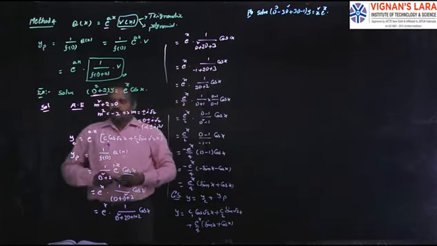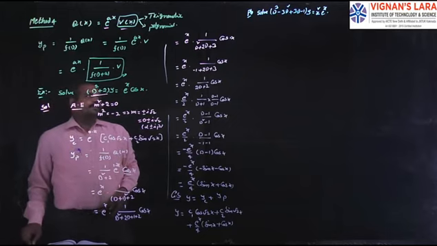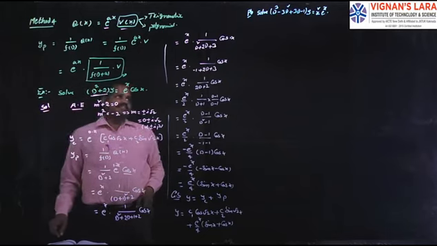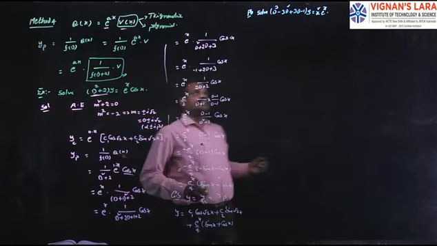This problem we are solving. Here also the right hand side is of the form e power x into some function. What is that function? The function is x square.